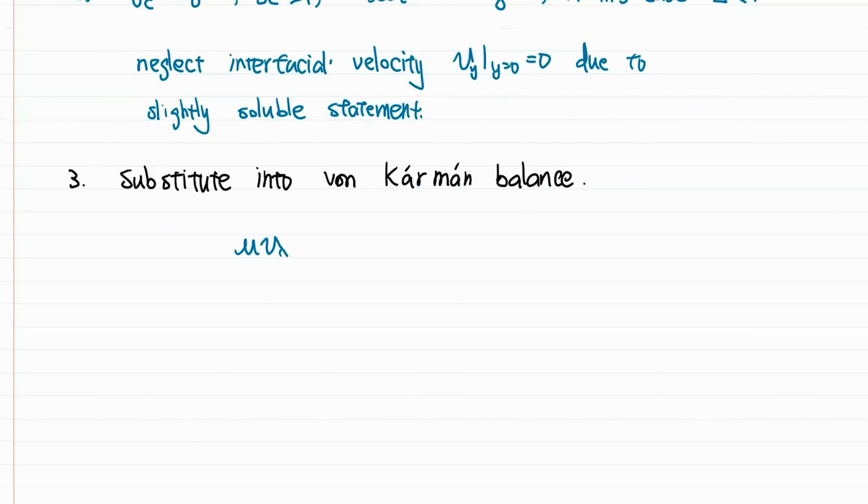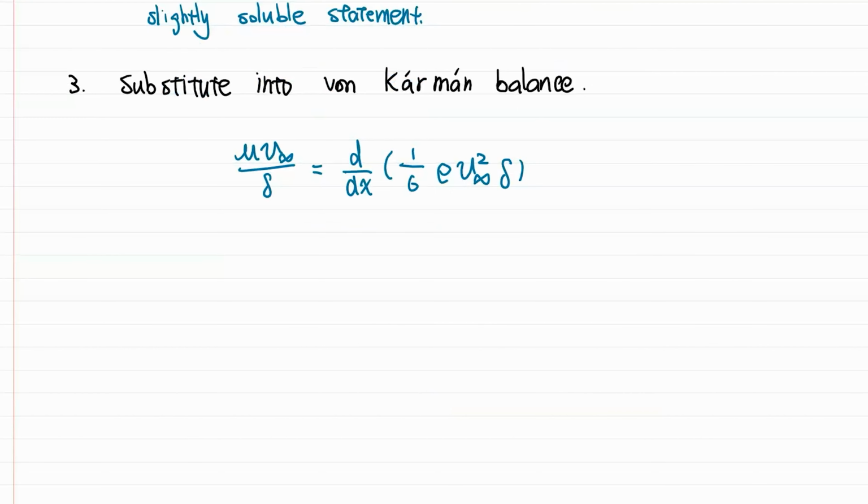mu v naught over delta equals d/dx of 1/6 times rho v infinity squared times delta. That's for velocity.